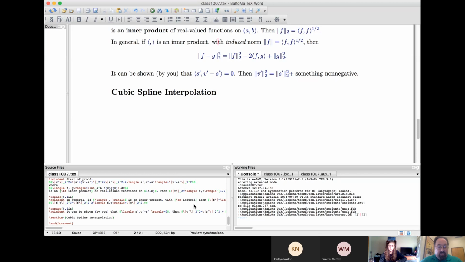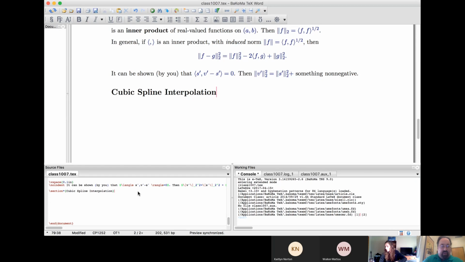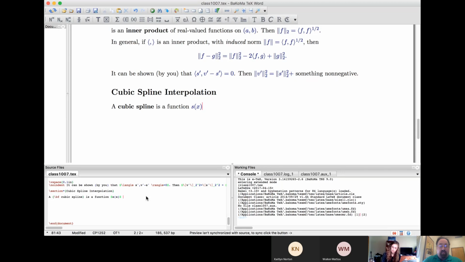Okay, now I'll make sure I have my notation consistent with the book. Okay, so a cubic spline is a function s of x of this form.